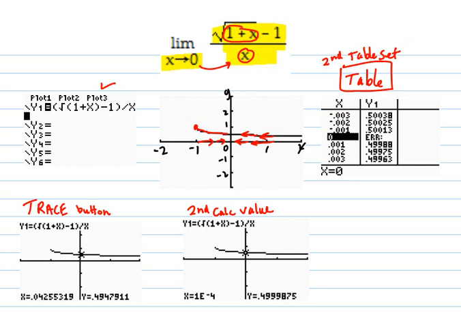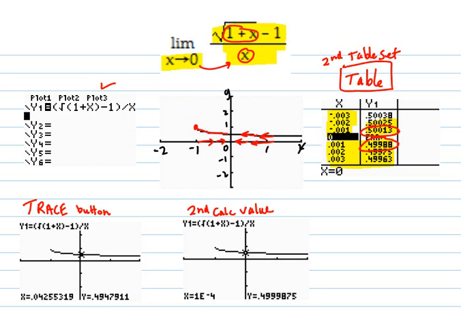And you see that as the values approach 0 from the left, it looks like it's limiting out to around 0.5, and on the right, coming down to 0 from the right, those last two values, this one and this one, look pretty convincing that the limit's going to be 0.5.